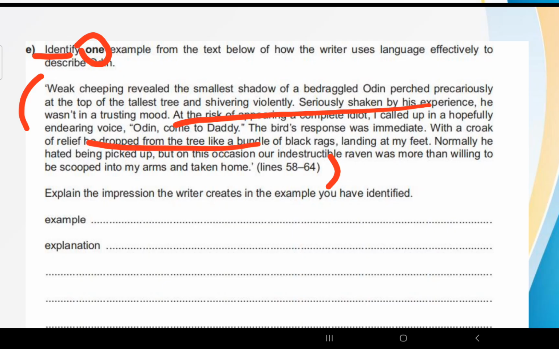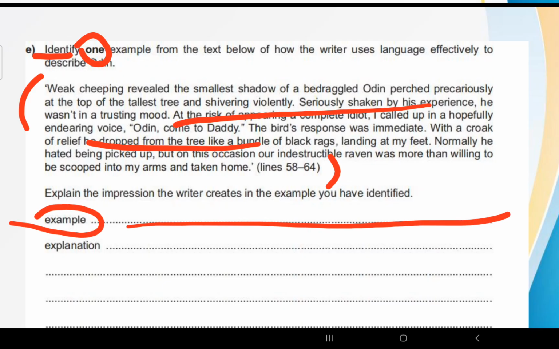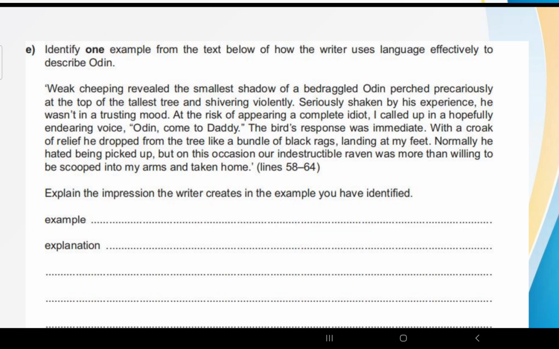This is called identification. You do not have to write it. Still, there are students who, instead of identifying, write the example elsewhere. You have to identify the example in this paragraph. That's why they have given you this paragraph. Remember, identifying the example means copying the example.